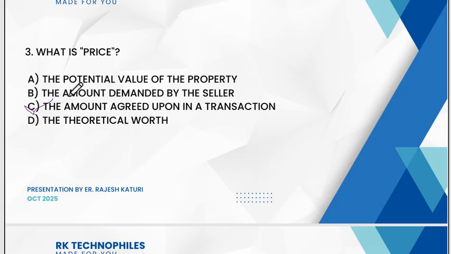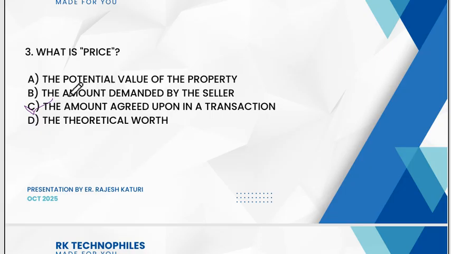Amount demanded may not be the transaction value, right? There may be negotiations and all. So B is not the option. Potential value means it is not an actual sale, and it may not be the actual transaction value. Price is the transaction value, the amount at that moment the buyer gave to the seller.